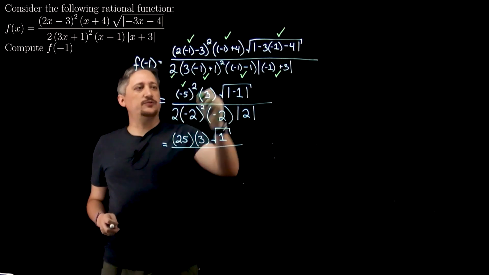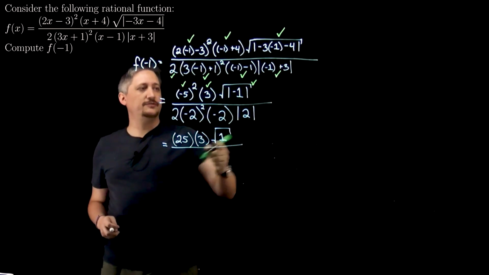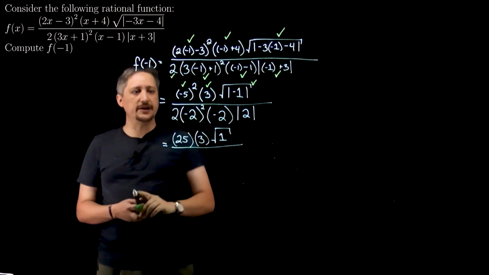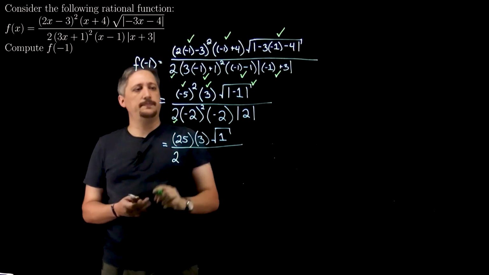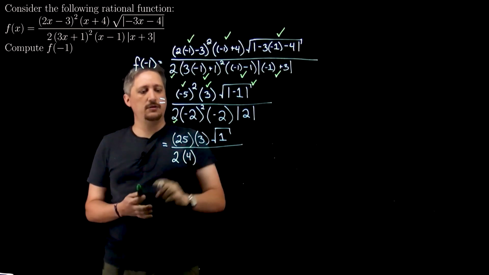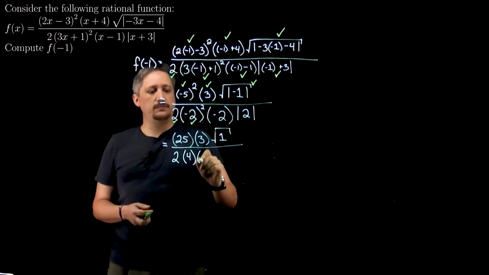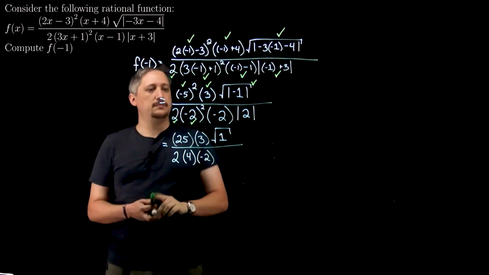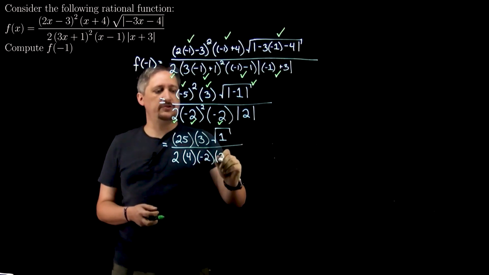So negative 5 squared is 25. 3 stays 3, and radical, right, 1. Then I'm going to have a 2, stays that way, 2. The negative 2 squared, that's just positive 4, times negative 2. And then absolute value of 2 is also just 2.